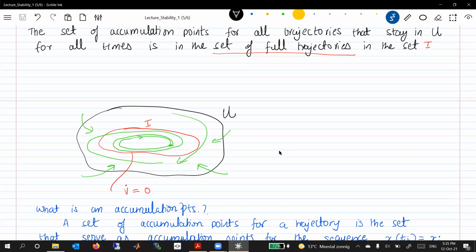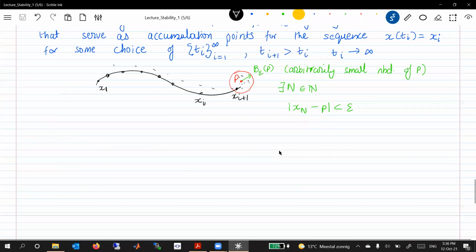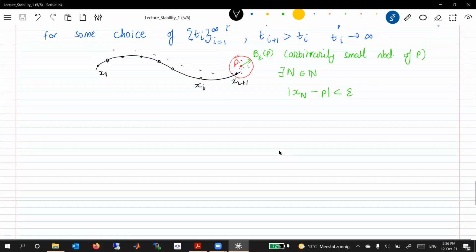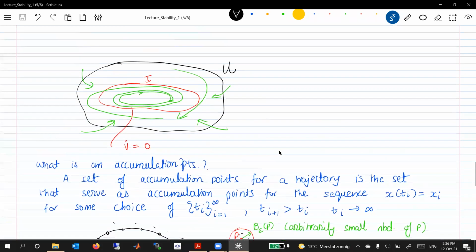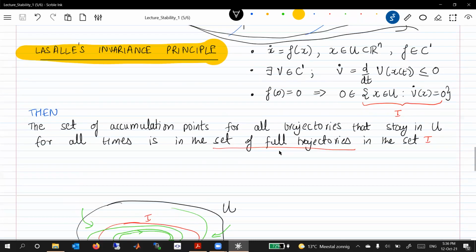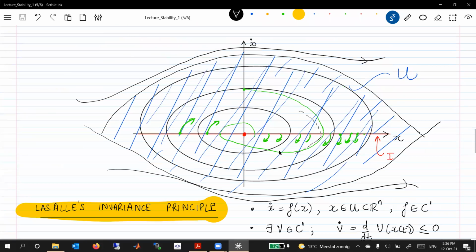If there are multiple fixed points, it turns out that the full set of trajectories would keep on accumulating towards both of them, right? So that's sort of what I had to say about LaSalle's invariance principle and how we can use it to conclude asymptotic stability of the damped pendulum.